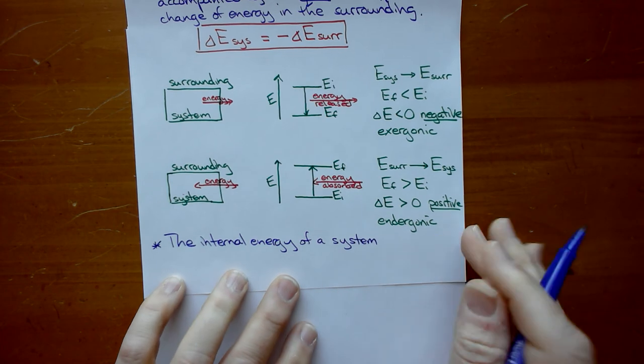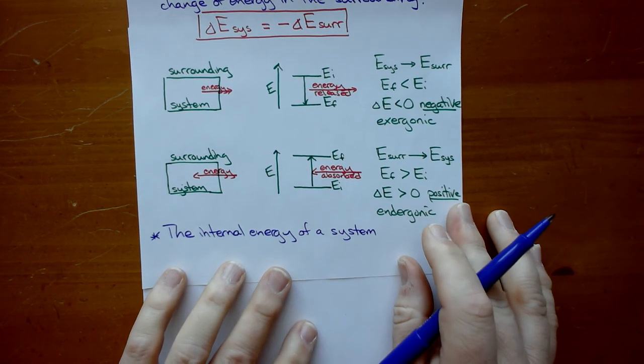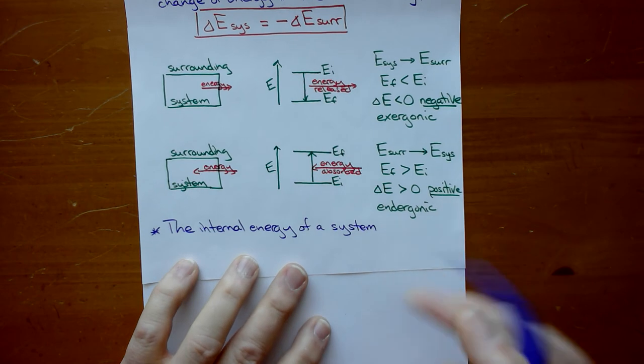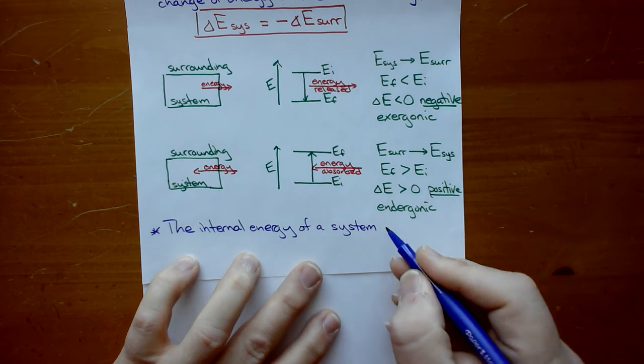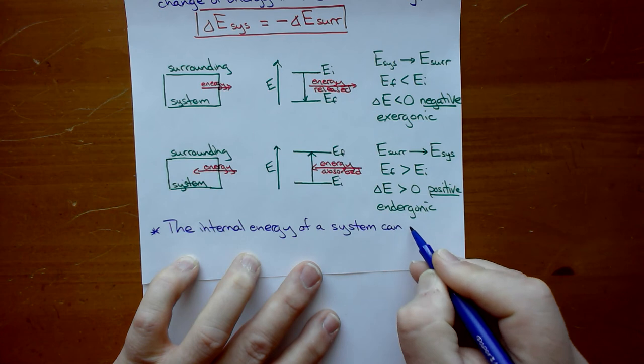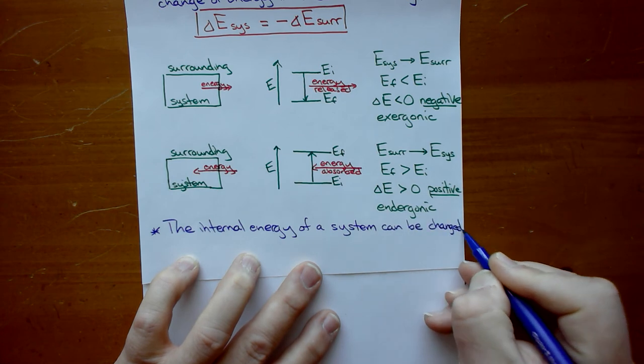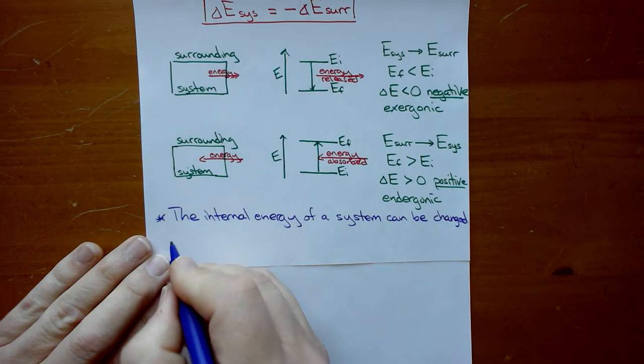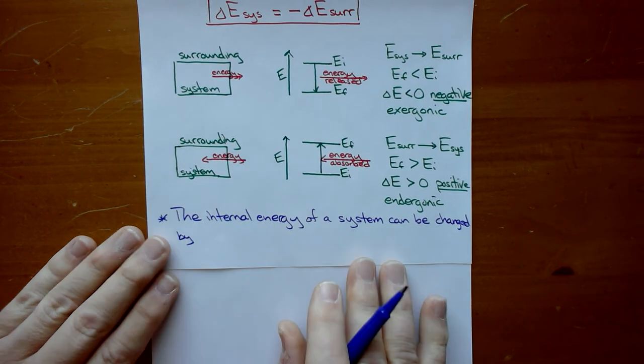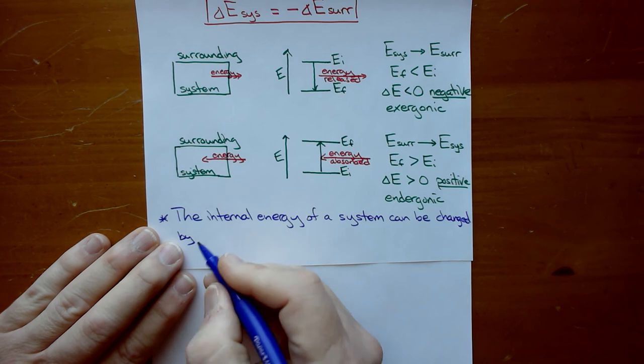I think, though, in engineering you look at the surroundings, but in chemistry we look at it through the system. Can be changed. Okay, so remember, we can change the amount of energy in a system by a flow of work, heat, or both.